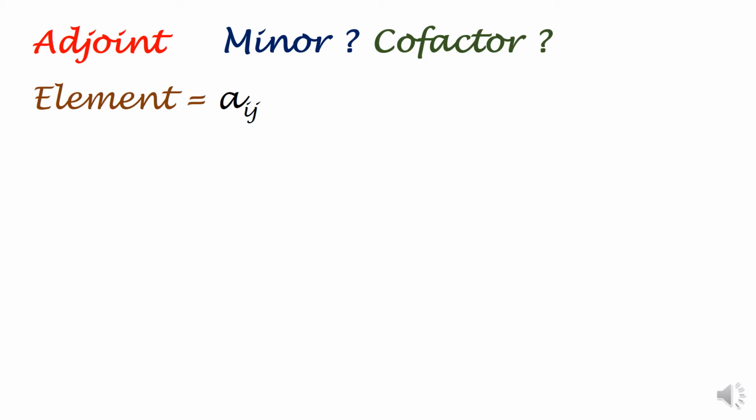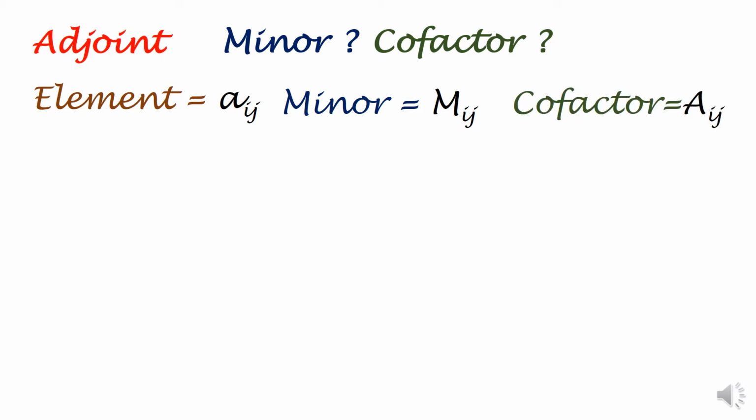It is the ith row and the jth column that we are talking of over here. Now, what is a minor then? Minor is denoted by capital Mij, and the cofactor is denoted as capital Aij. So remember, element is small aij and the cofactor is capital Aij, whereas a minor is capital Mij.